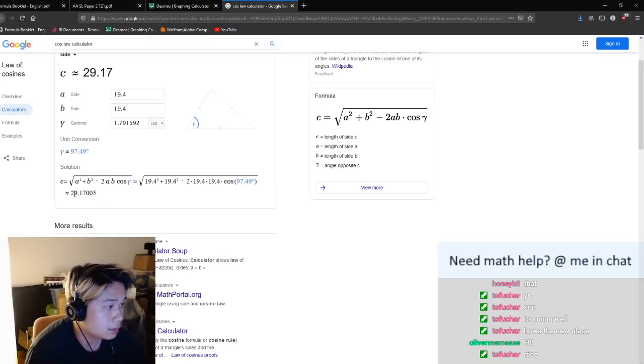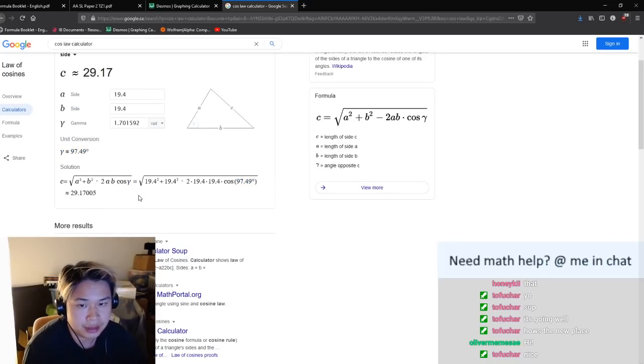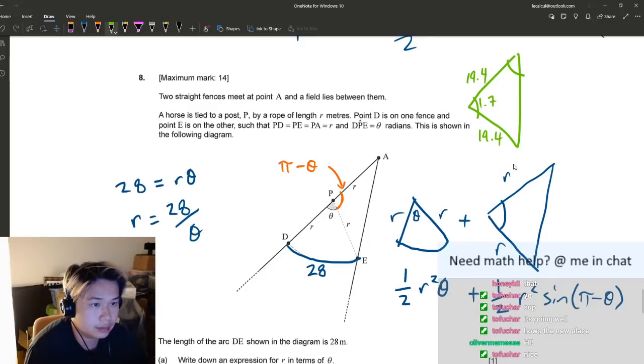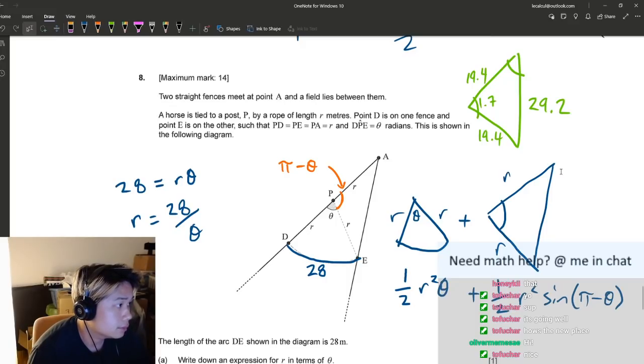Okay, so that opposite side is going to be about 29.2. And then we can use sine law to get this angle.